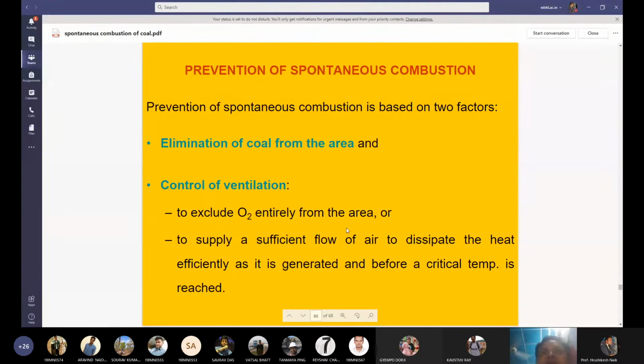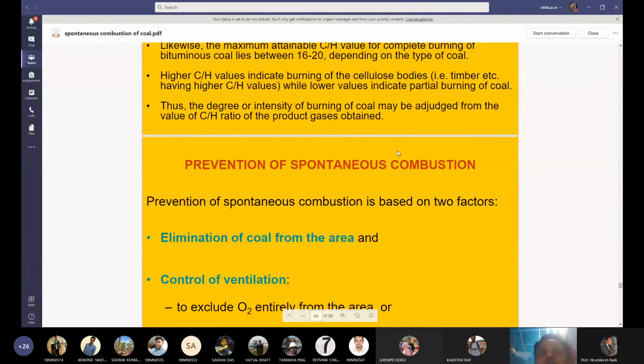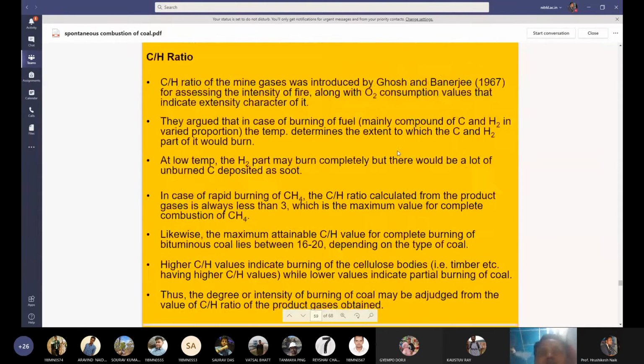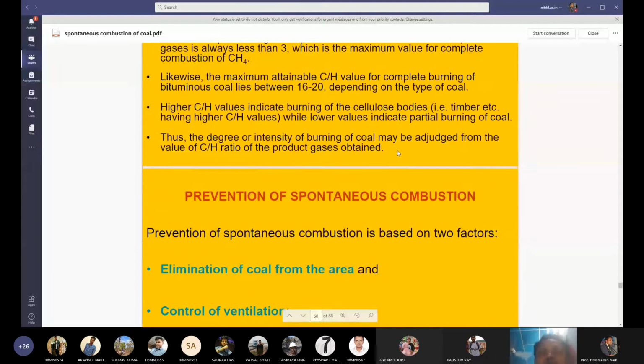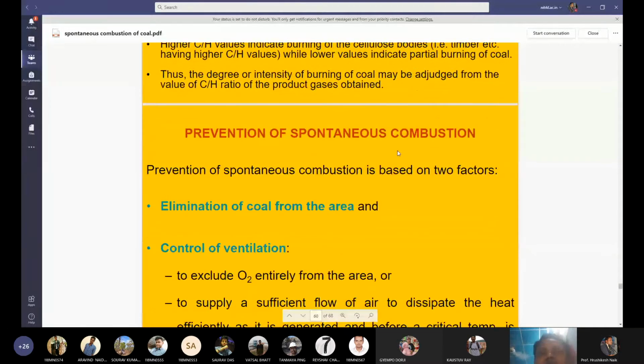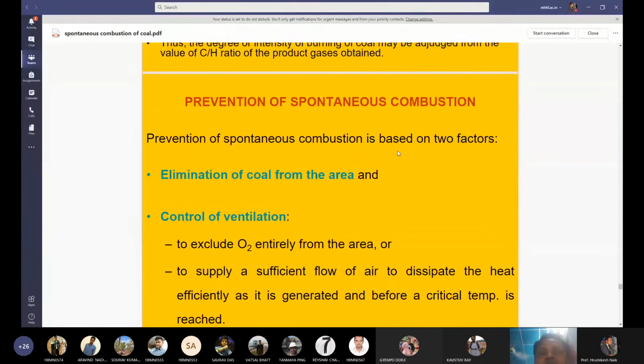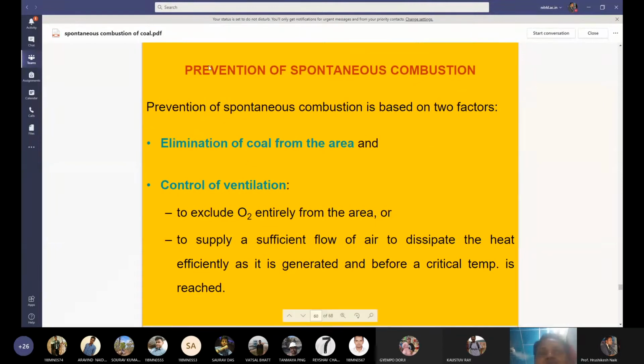But today we are going to discuss prevention of spontaneous combustion. How to prevent the spontaneous combustion of coal?